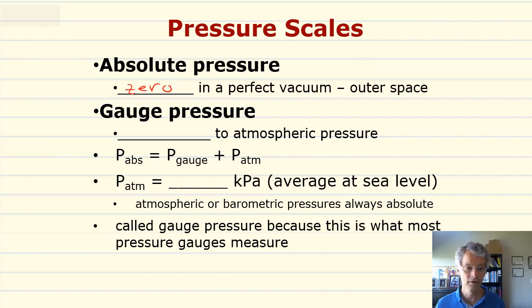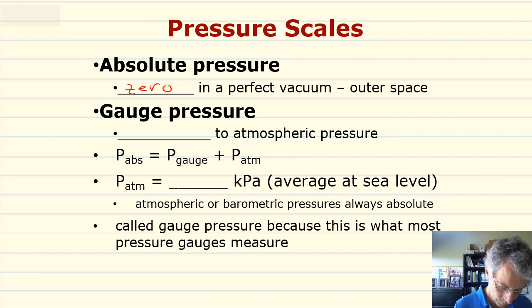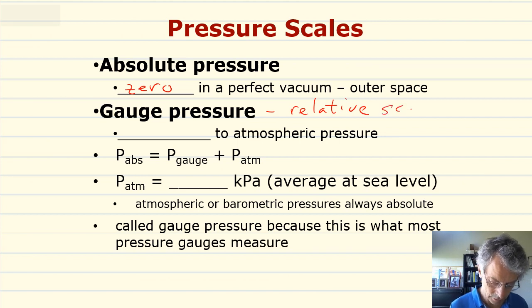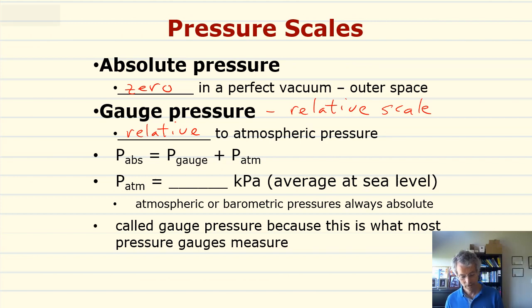Now, gauge pressure is analogous to the Celsius scale because it is the relative pressure scale. Gauge pressures are measured or referenced to the atmospheric pressure. They're called gauge pressures because the most commonly used pressure gauges measure the pressure relative to atmospheric pressure.